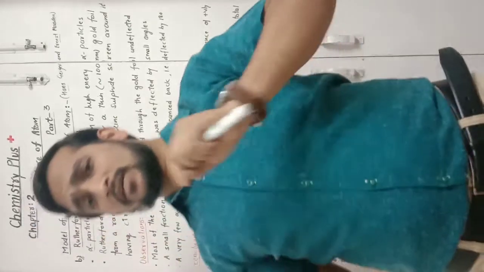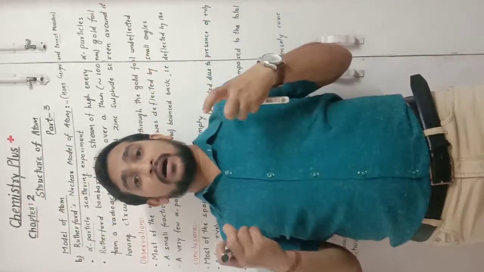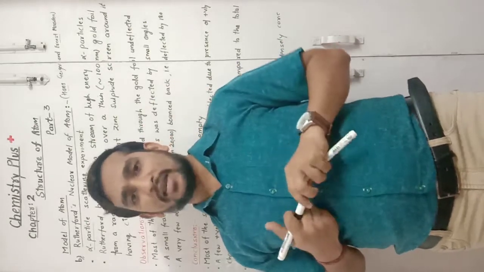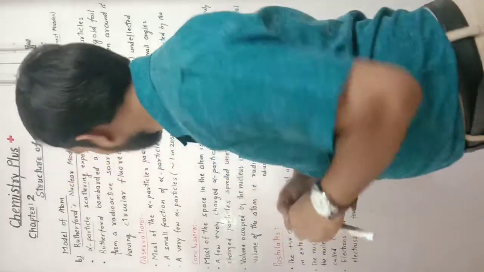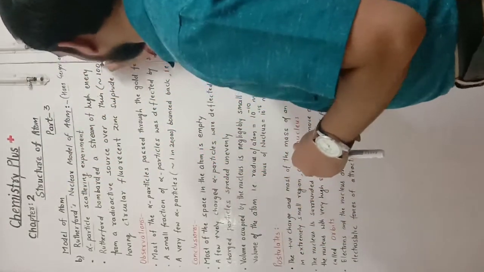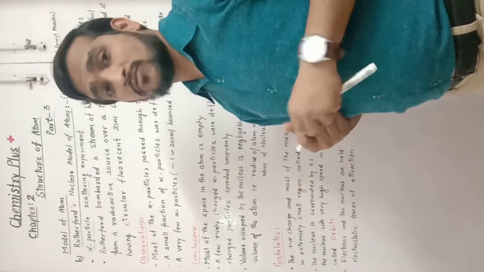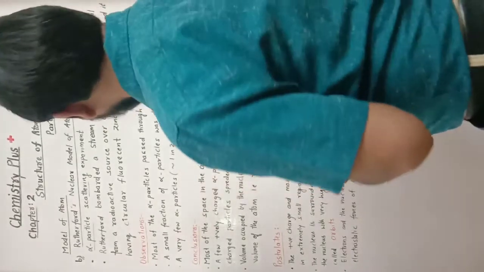In this experiment, he bombarded high speed alpha particles over a very thin gold foil, with a thickness of about 10 raised to the power minus 7 meters, around 100 nanometers, which is very thin.